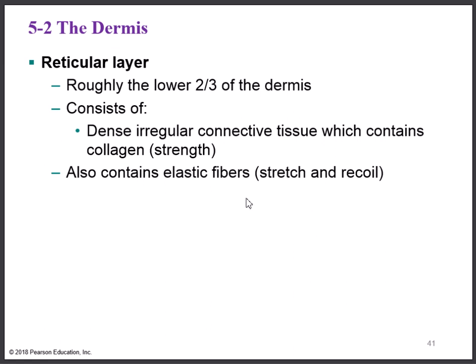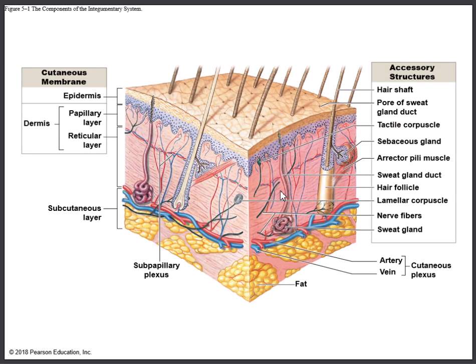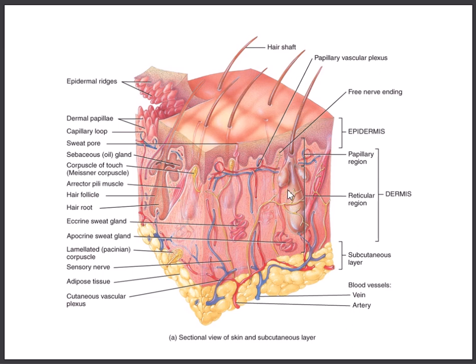But we also see some elastic fibers in the reticular layer that allow the dermis to be stretched, but then it recoils back. Elastic fibers are going to have recoil. These lines right here kind of represent collagen, a thicker type of connective tissue. So all of this is going to be the reticular region, and this would be the reticular region in the Tortora interpretation.